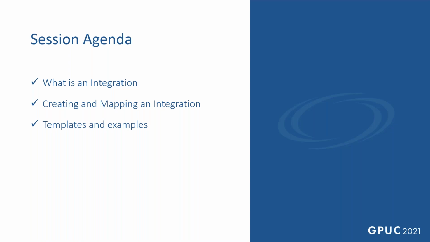And what we want to talk about today is what is an integration. Once we understand that, basically it's a map of data going between systems. Then we'll look at some out of the box options in certain software titles, some templates, some examples, and really dig in.